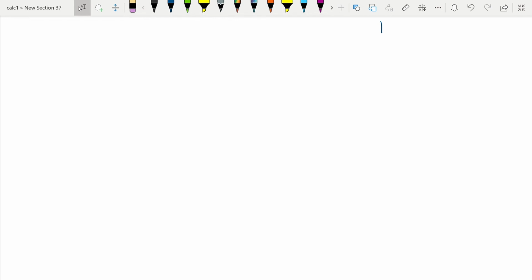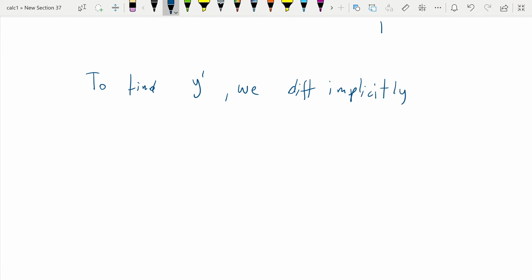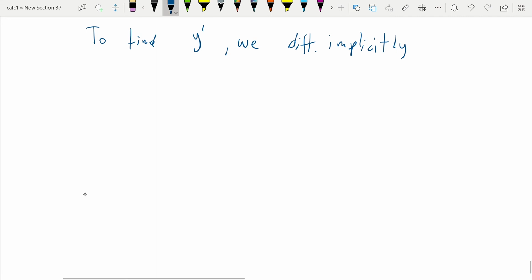So again, to find y prime, we differentiate implicitly. Again, this means that we're taking the derivative on both sides.